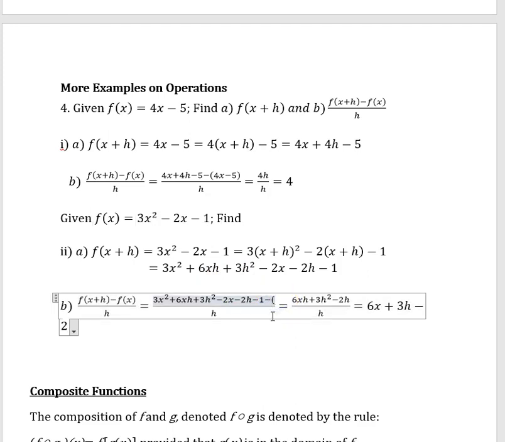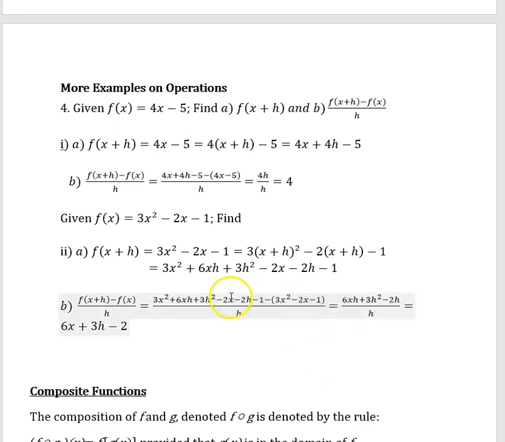If I put it there, bracket closed. If I open the bracket here and collect like terms, I should be left with this. And then if you bring out a common factor here, which I think should be h, you'll be left with this final answer, 6x plus 3h minus 2.